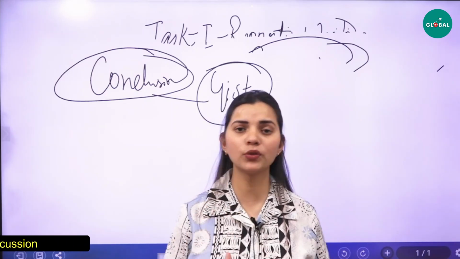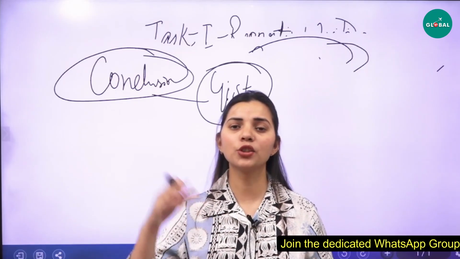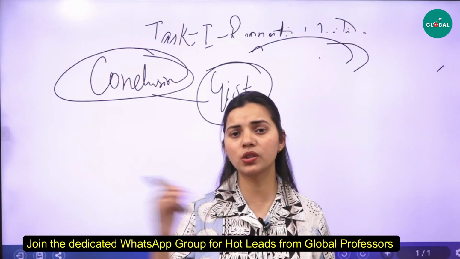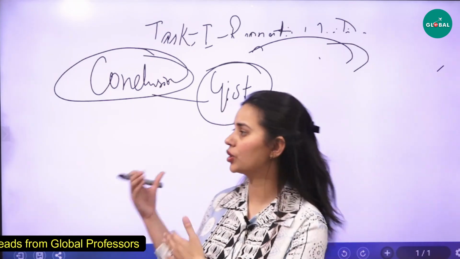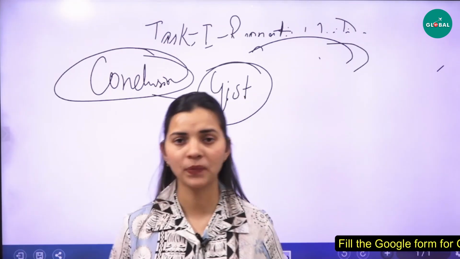Like you observed a highlighting feature for the overview, vice versa you can go for the conclusion. If you have written the most highlighting thing in the overview, you can mention the least highlighting feature here in the conclusion, or you can do the vice versa, right?